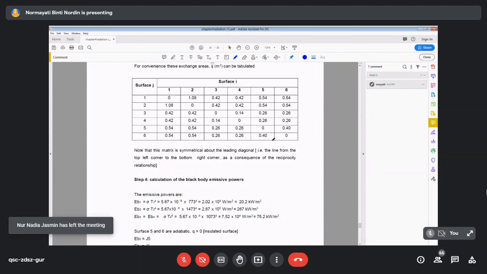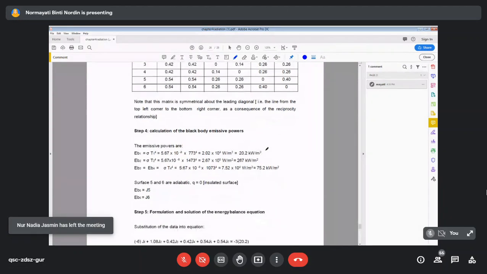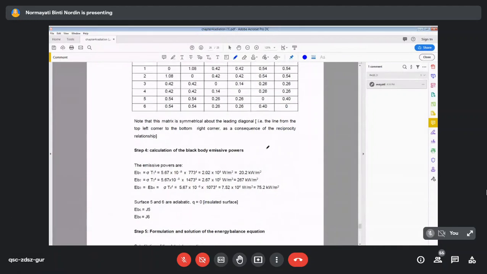Once you have all the exchange areas, so now you can proceed with the next step, which is to calculate the black body emissive power. Okay, ni quite pretty straightforward lah.